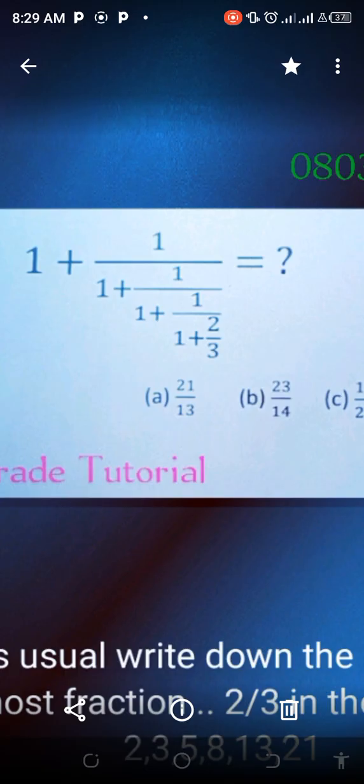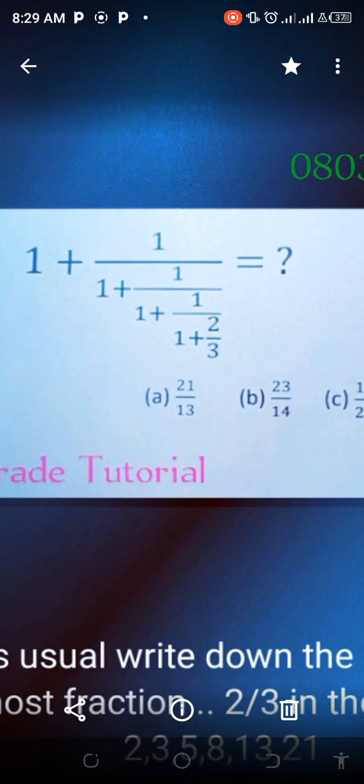You are correct. There are 4 ladders. Now, what is the bottommost fraction? You are right. The bottommost fraction is 2 over 3.